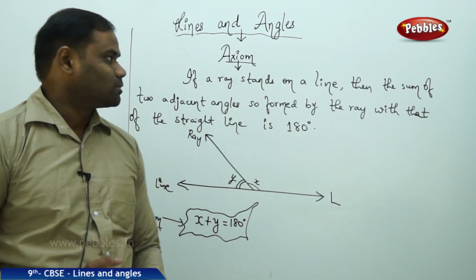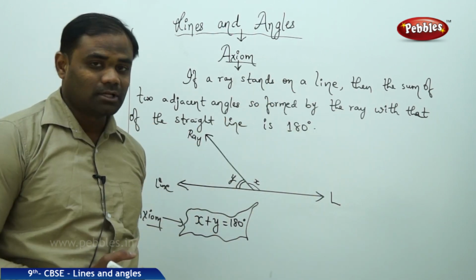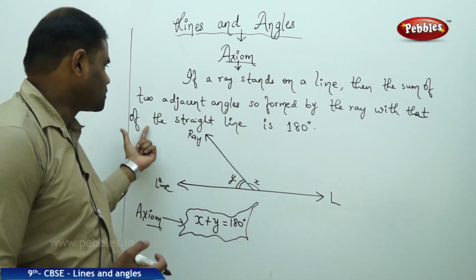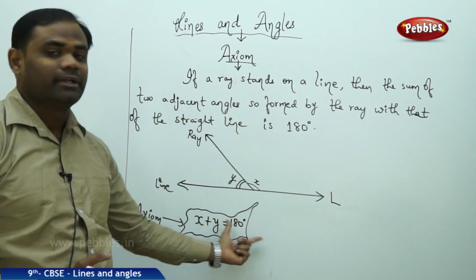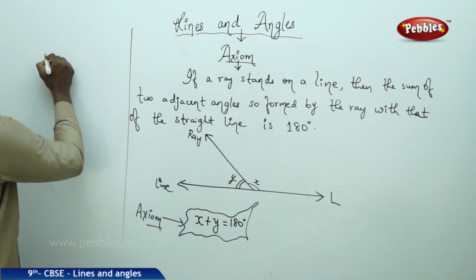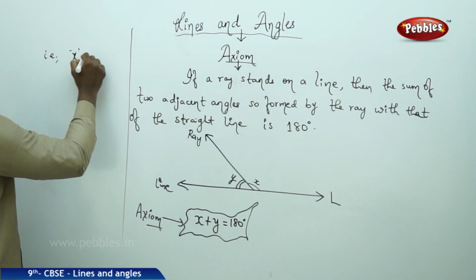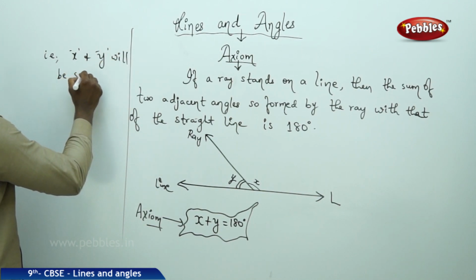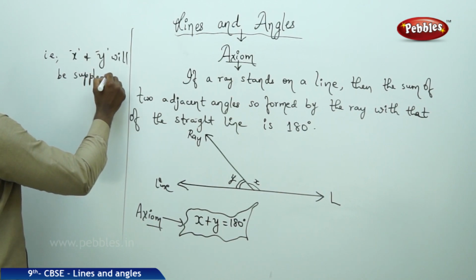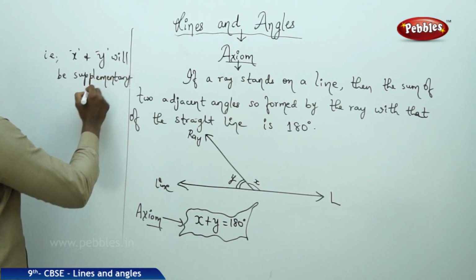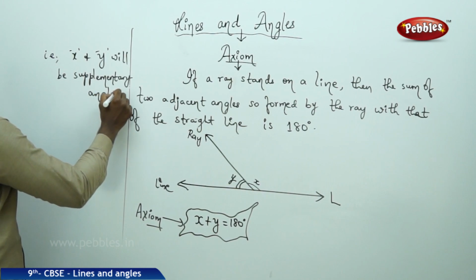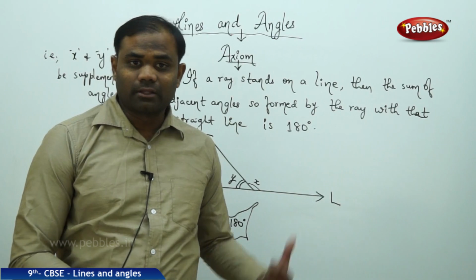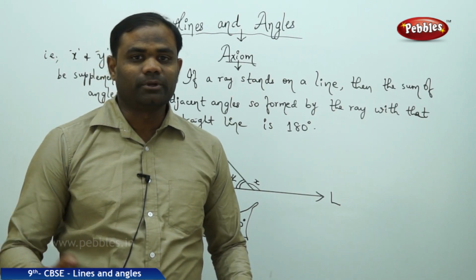If a ray stands on a straight line, then the sum of the adjacent angles so formed by the ray with that of the straight line will always be 180 degrees. That is, x and y will be supplementary angles, is how we understand the axiom related with plane geometry.